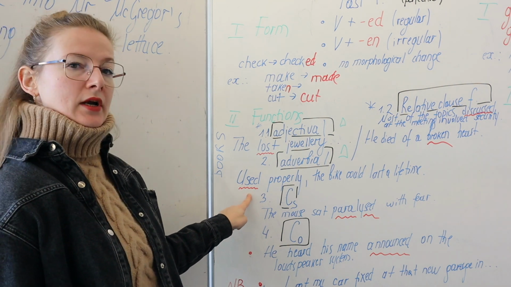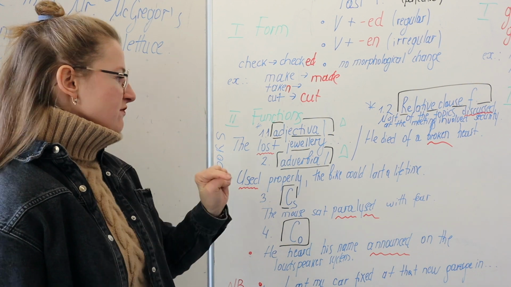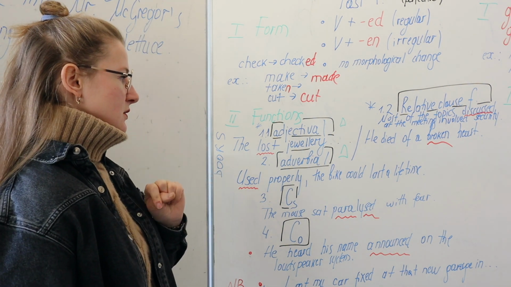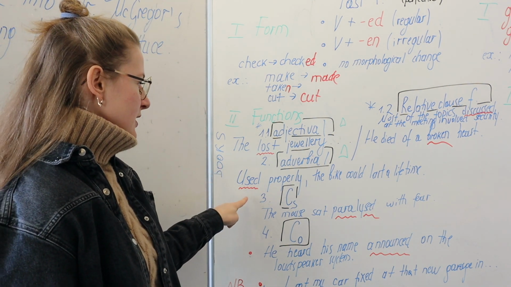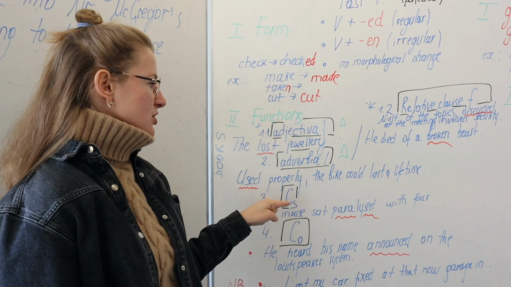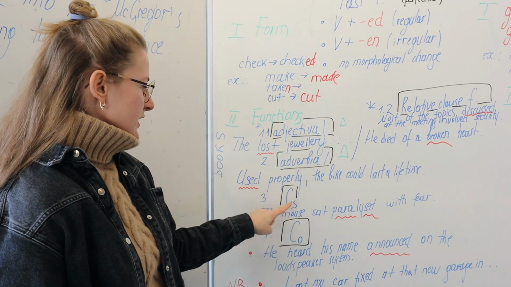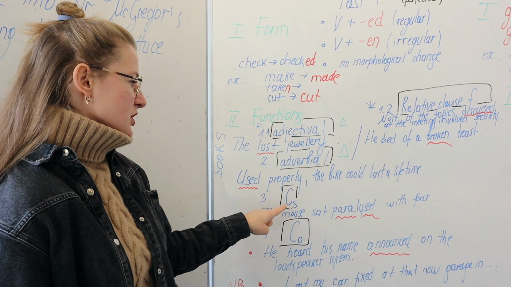Used properly, the bike could last a lifetime, meaning if used properly, the bike could last a lifetime. Again, they are not tensed. The essential information is revealed in the main clause. Also, they could function as a subject complement.